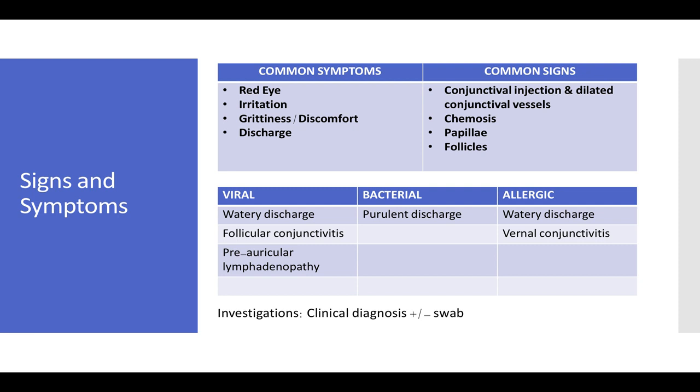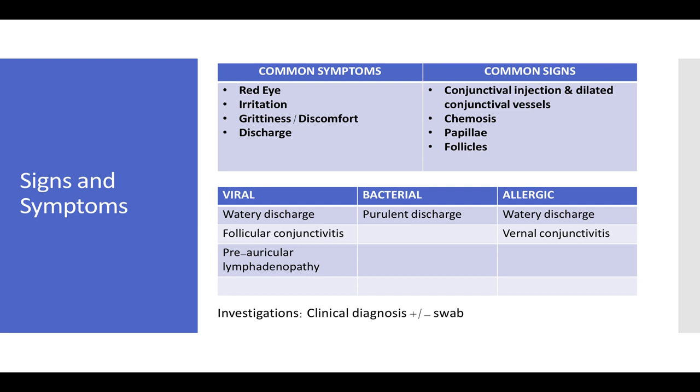Features of bacterial conjunctivitis include the presence of purulent discharge. And finally, features of allergic conjunctivitis include a watery discharge and vernal conjunctivitis, which is a seasonal allergic conjunctivitis that is more commonly seen in young boys and often occurs at the same time each year.